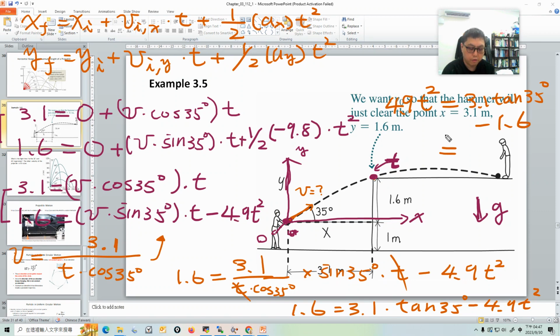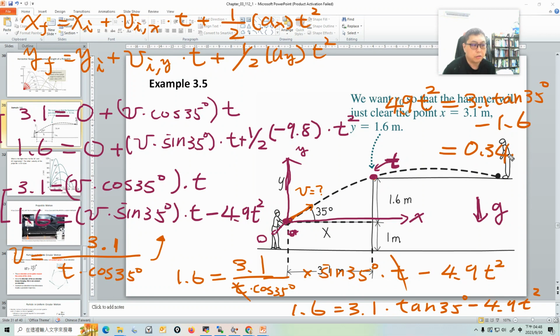So t equals the square root of 3.1 times tangent 35 minus 1.6, divided by 4.9, which is 0.34. Does anyone agree with that? 0.34.